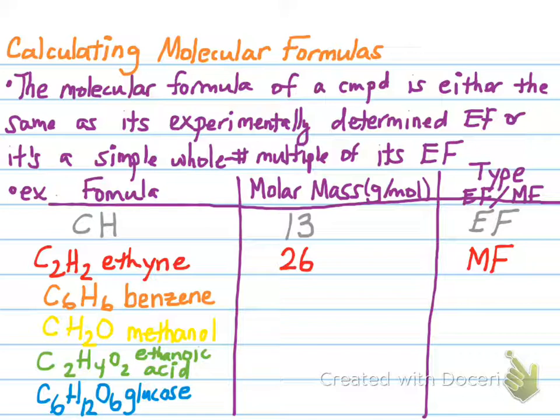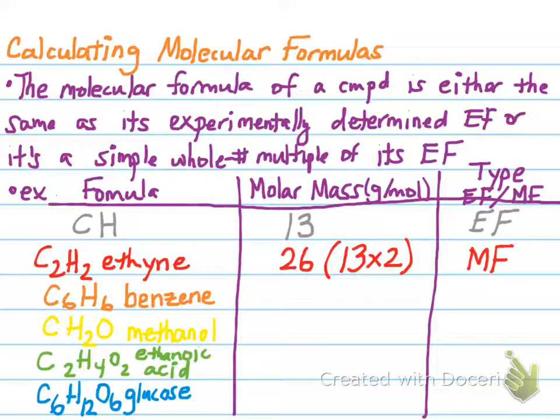For ethyne, if I wanted to write the lowest whole number ratio, the empirical formula, it would be CH, right? And what would I have to do to CH to make it C2H2? I'd multiply it by 2. Notice I also would take the molar mass of CH and multiply it by 2 to get 26.